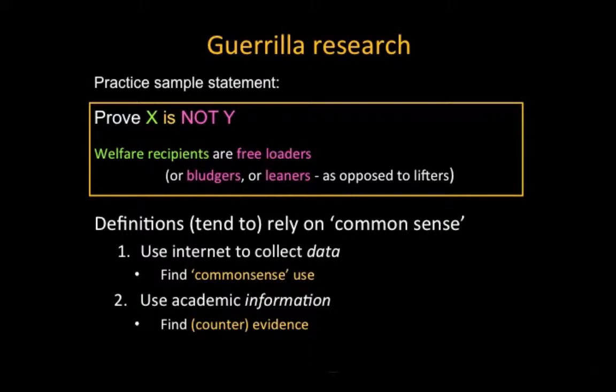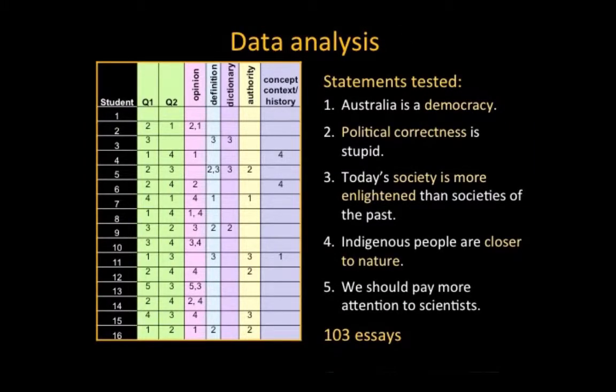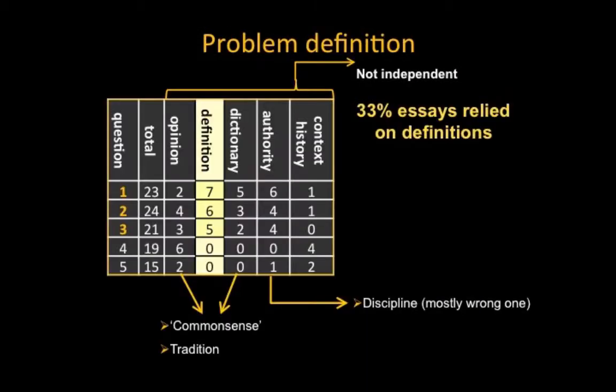And so each student had to do 2 essays. This is a sample of my analysis, which shows how for each student I marked which of the 5 questions they did, and I analysed it in terms of whether they relied on their opinion of what something meant, whether they used a definition, whether to do the definition they used a dictionary, relied on an authority, or whether they showed the sort of contextual understanding I was looking for.